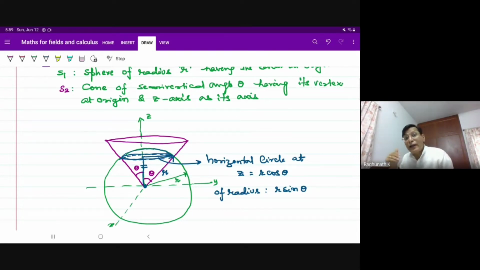As theta is increased, r cos theta will decrease and r sin theta will increase. As theta is increased, the circle along which they intersect will come down with its radius increasing.